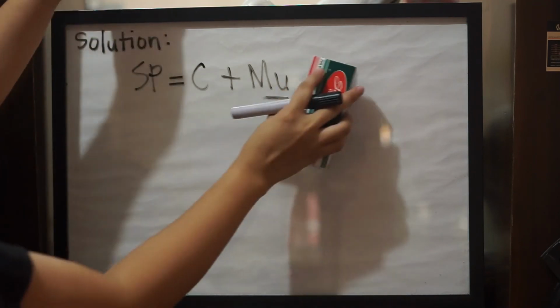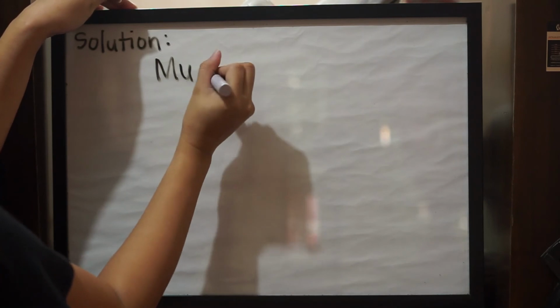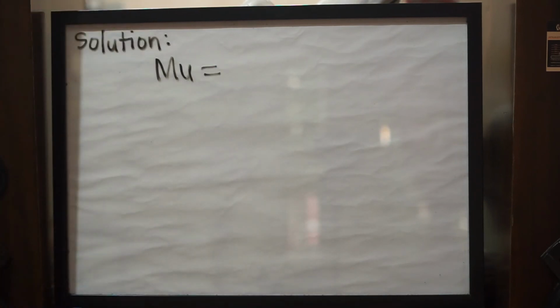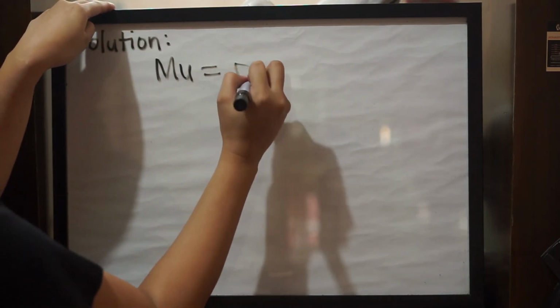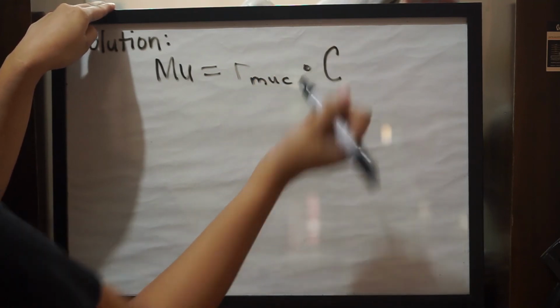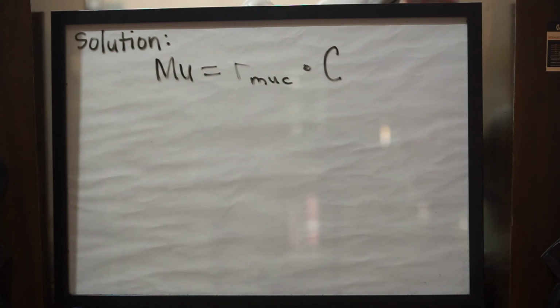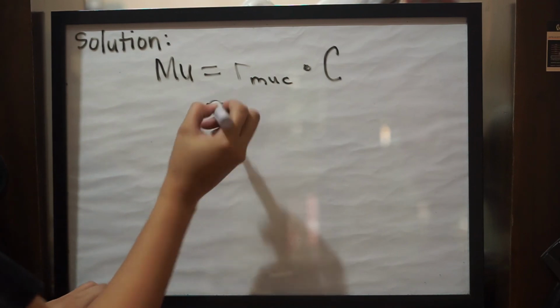So, computing for the markup, again, the formula for markup is MU is equal to rate of markup based on cost multiplied by the cost. No need to write the formula. I just wrote it down. Next, substituting the values we have.